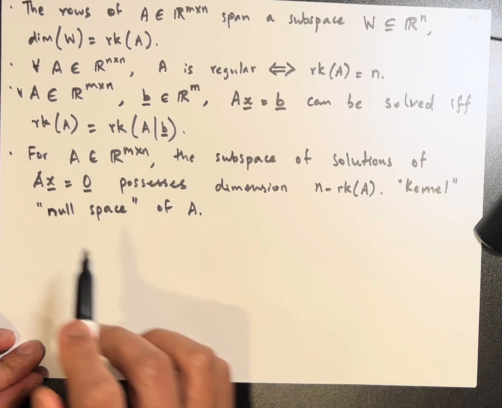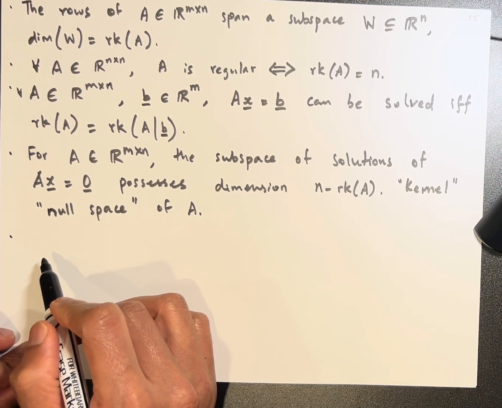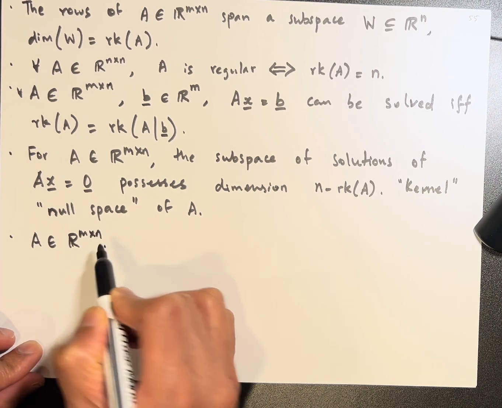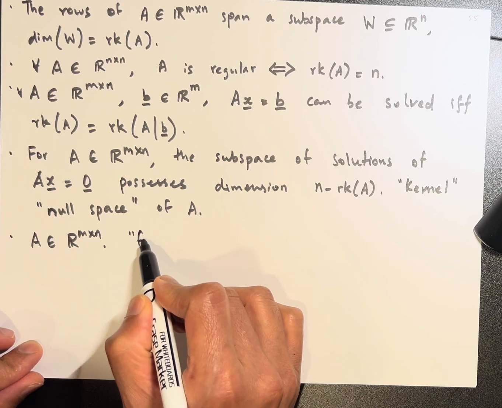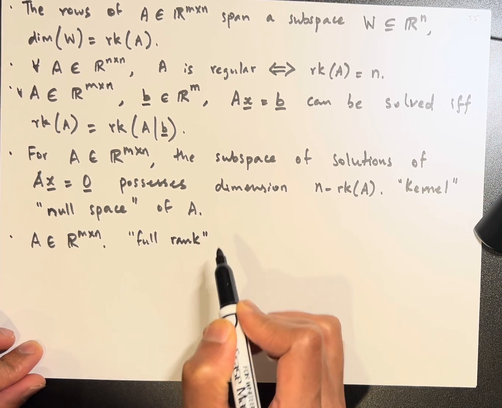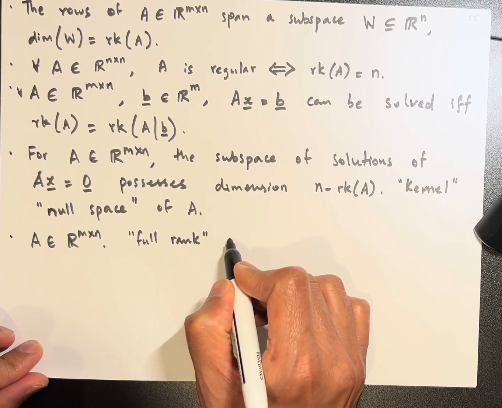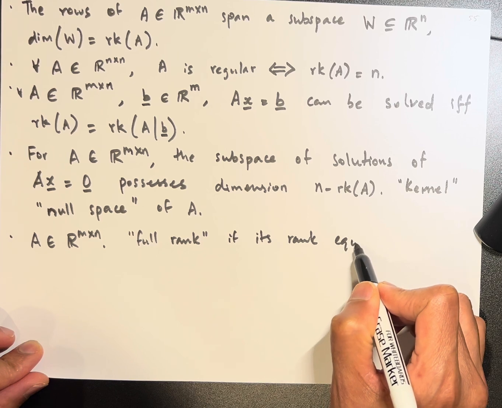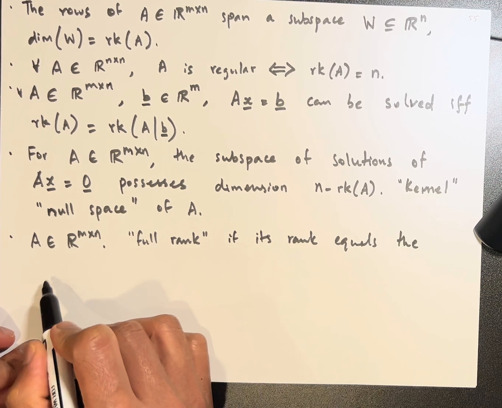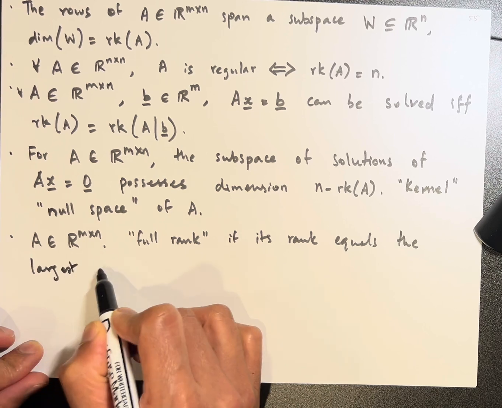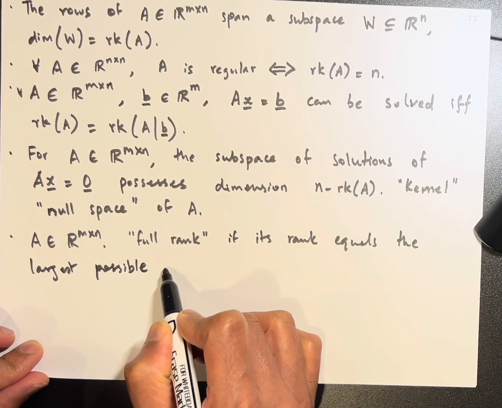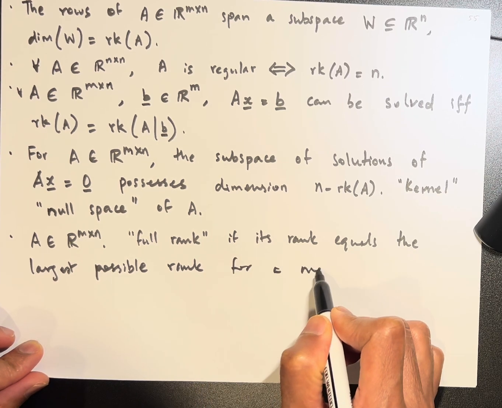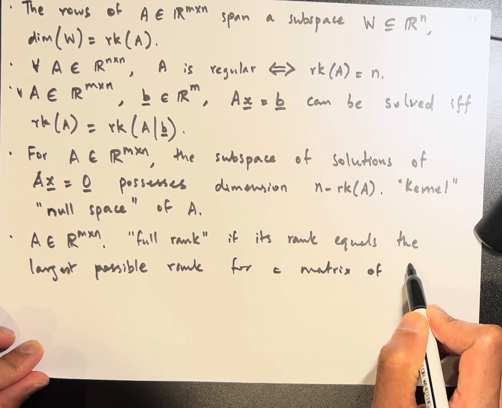Then the last one, again A is in R^(m by n). A is called full rank if its rank equals the largest possible rank for a matrix of the same dimensions.